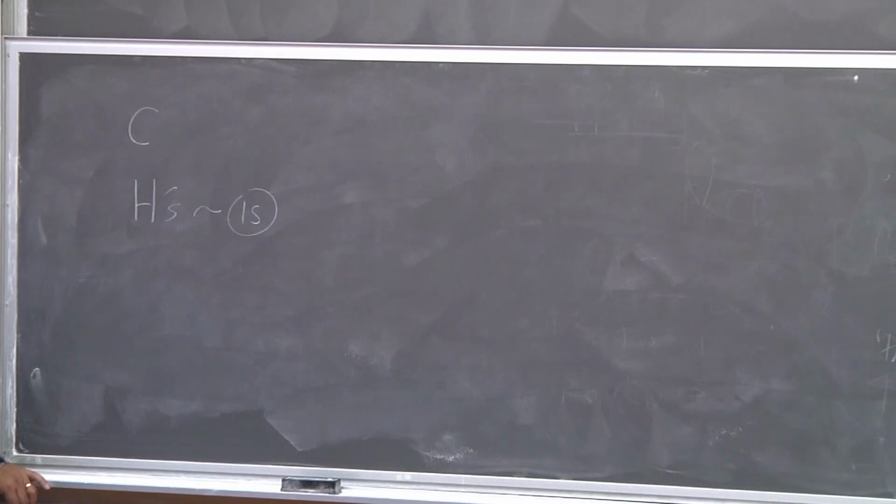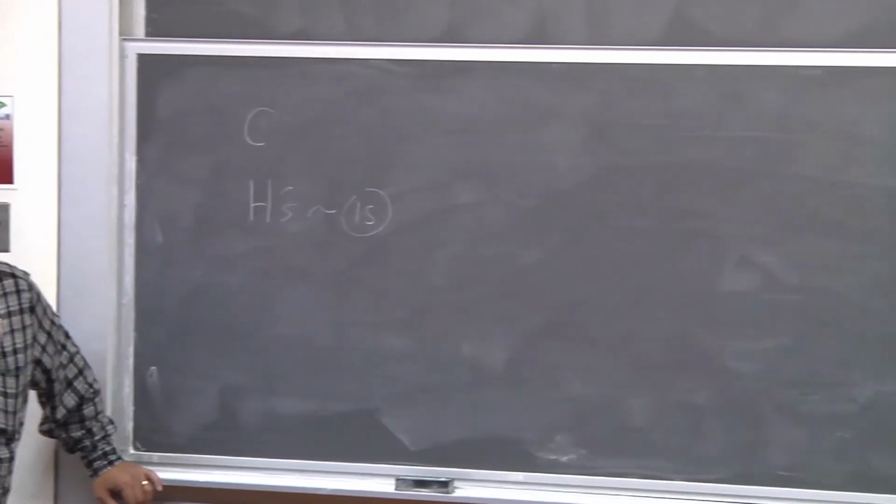On that example over there, how many hybrid orbitals do I have? 3, right?